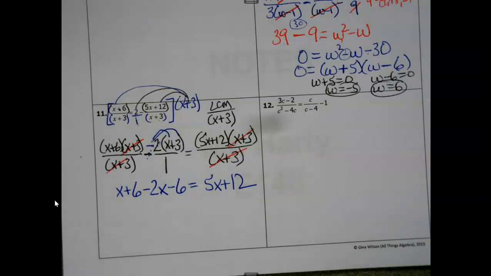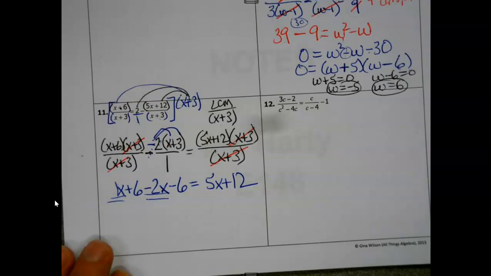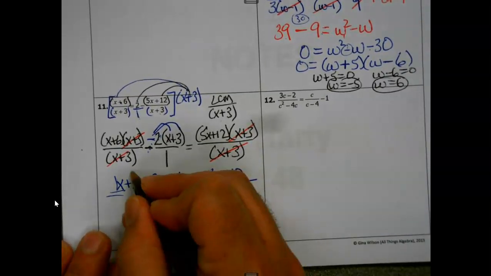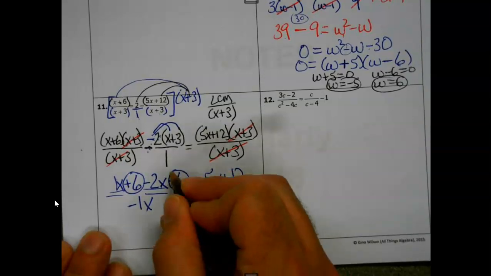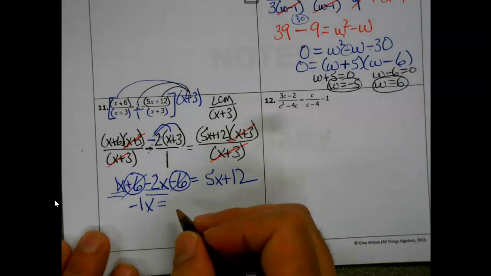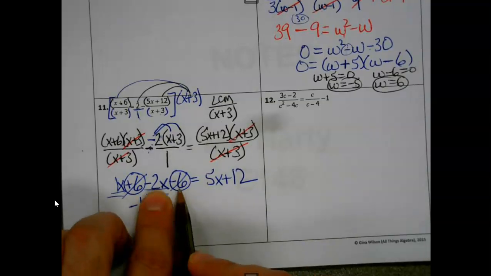But no x squareds. There is no factoring this time. Just be careful with your signs. Positive 6 and negative 6 cancel. Yeah. Where'd this come from?